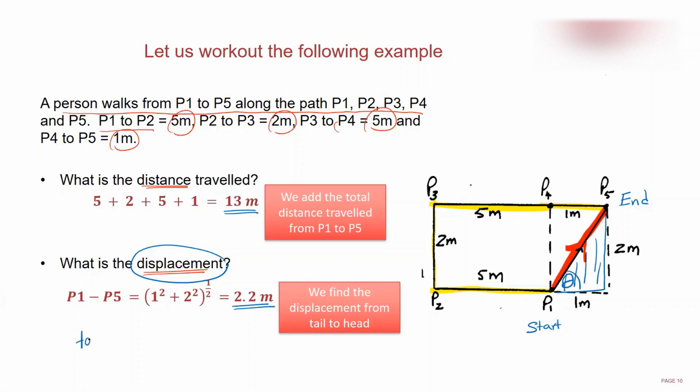I can write tan theta as opposite over adjacent, and I can find theta, which is tan inverse 2. For the direction, we can refer to the XY directions or else the north-east compass direction. So I can write east of north, this many degrees.